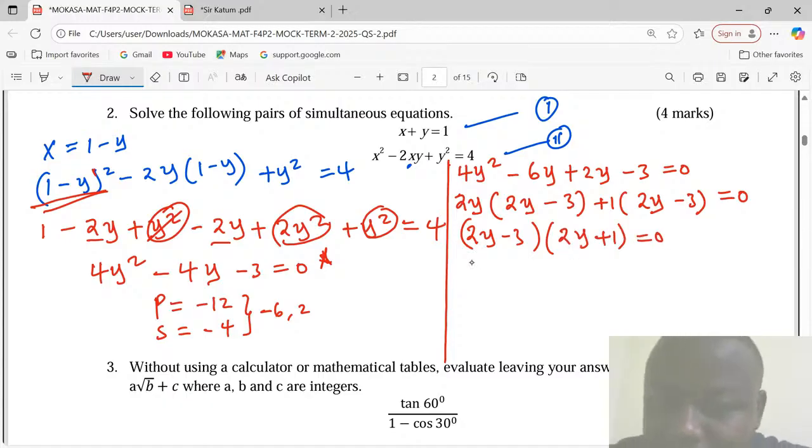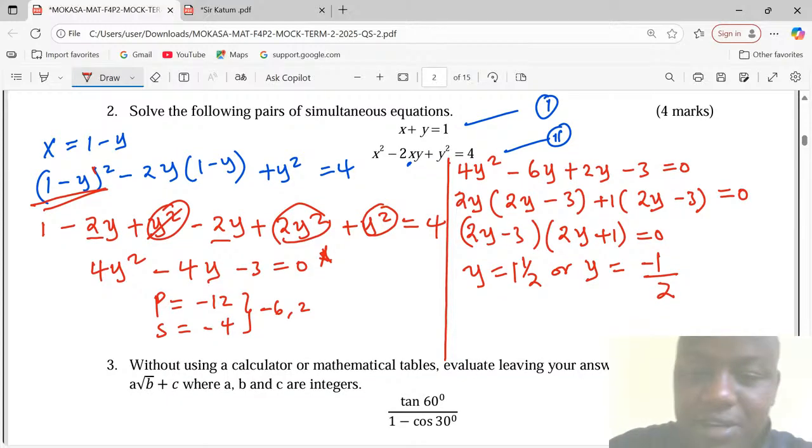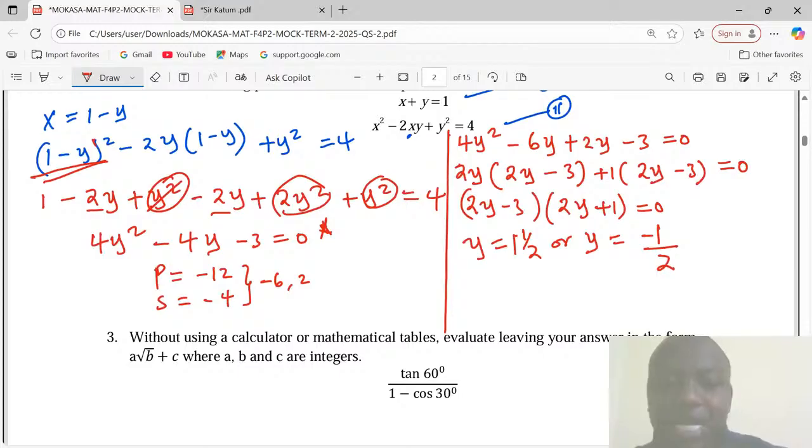From the first factor, 2y equals 3, so y equals 3 over 2, which is 1.5. Or the value of y, we take negative 1 to the left, then divide through by 2. It becomes negative half.